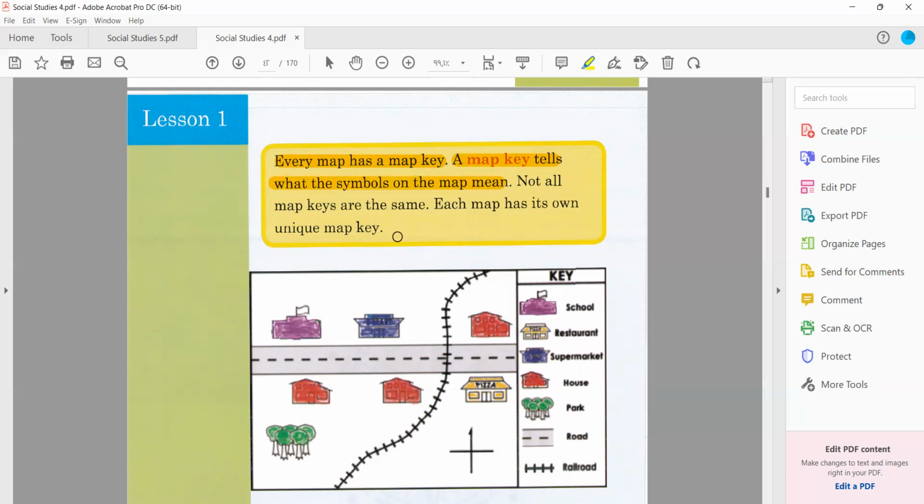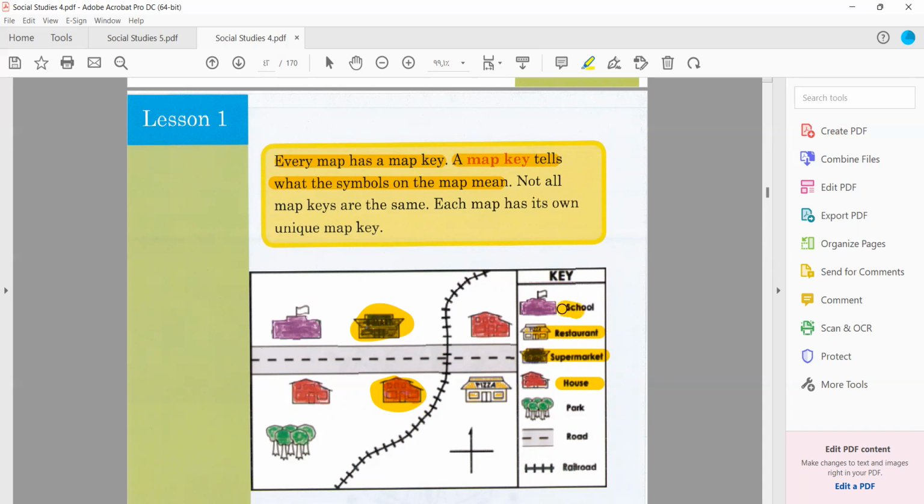So let's take, for example, this red symbol, this house. What is it? Is it a school? Let's look at the key on the right. The red house is a house. It's a normal house. What about the blue one? Can you find what the blue one means? It's a supermarket. The yellow one is a restaurant.